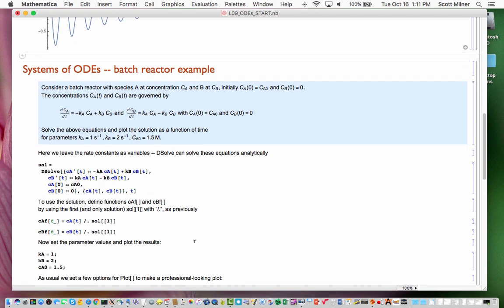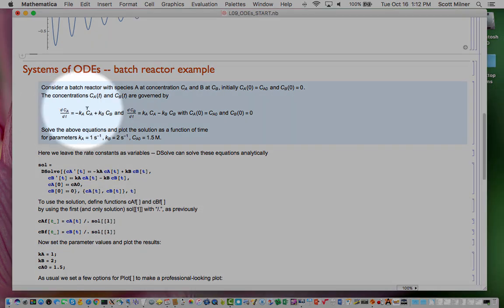DSolve can also solve systems of ODEs, and here's an example that describes a set of coupled chemical reactions. So consider a batch reactor with two species A and B at concentration Ca and Cb. The initial conditions are that Ca starts out at some finite concentration and Cb starts at 0, and they have equations which are of this form here.